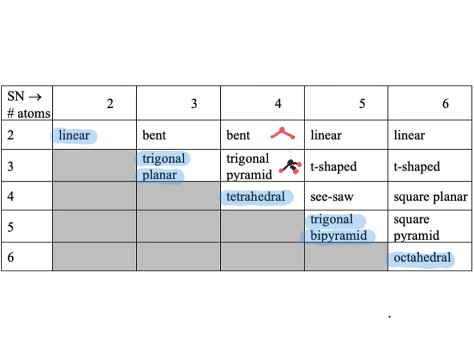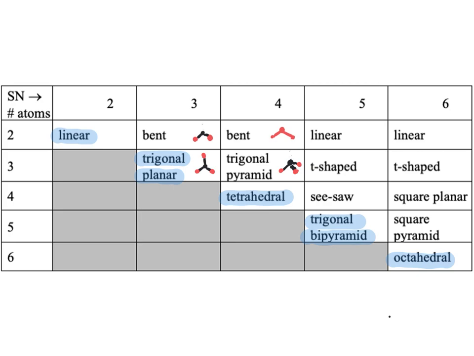If I do the same thing for each of these steric numbers, so if I start with my trigonal planar steric number of 3, so I know that my atoms are arranged in the plane of the board in a triangle, and now I simply remove one of those atoms and make it into a lone pair, then I only have 2 atoms connected. And so I have to remove this lone pair to get the shape, and it is bent.